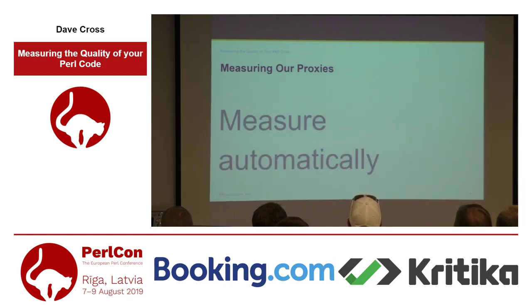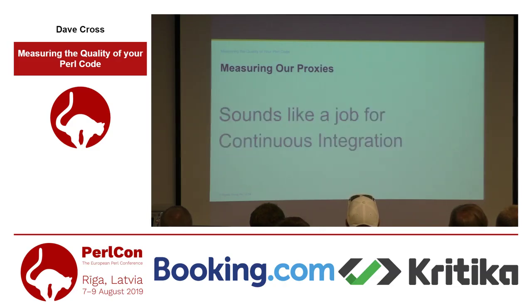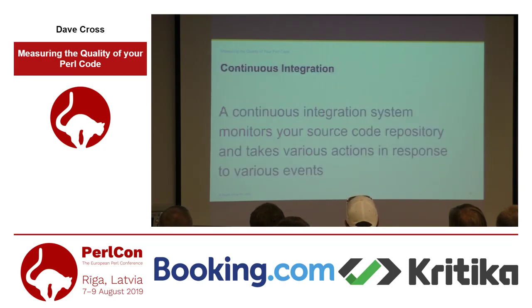Basically, we want this to happen automatically in some way, which sounds like a job for continuous integration. Those that might not know what continuous integration is, it's still a relatively new concept in some parts of the industry, which surprises me, but that's the way it is.